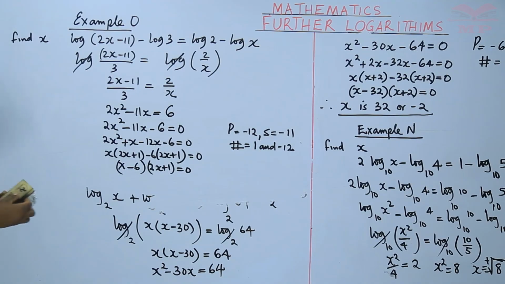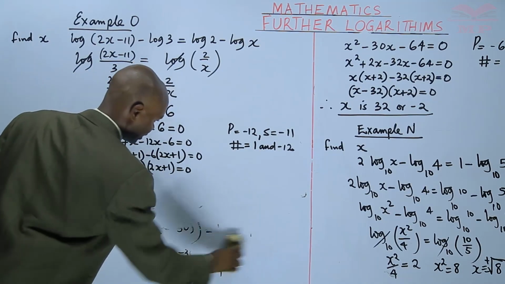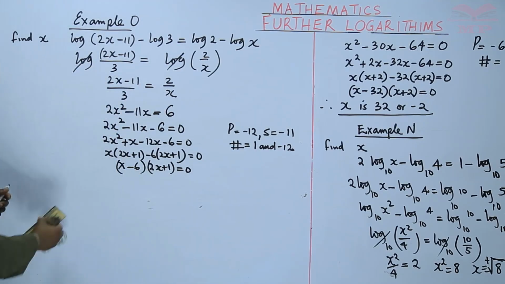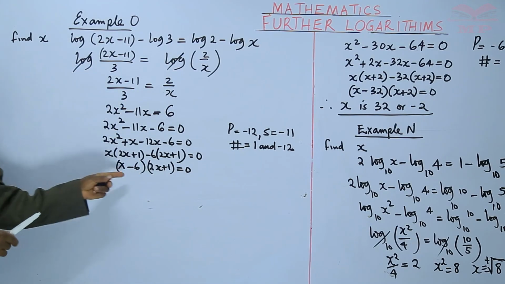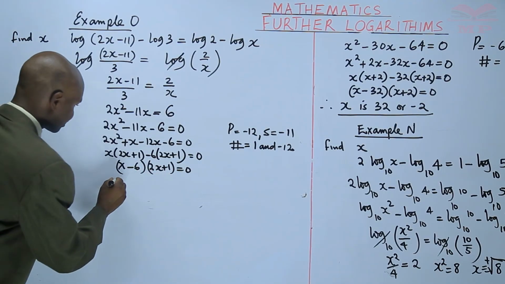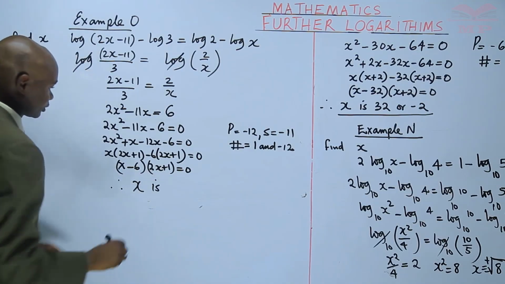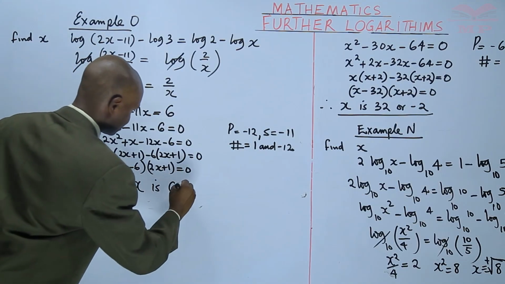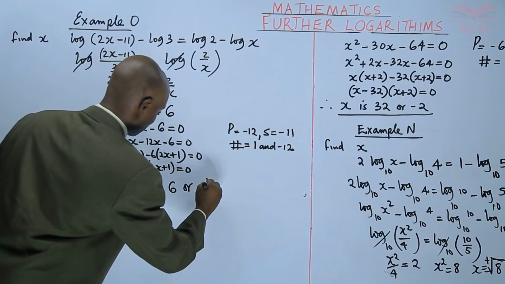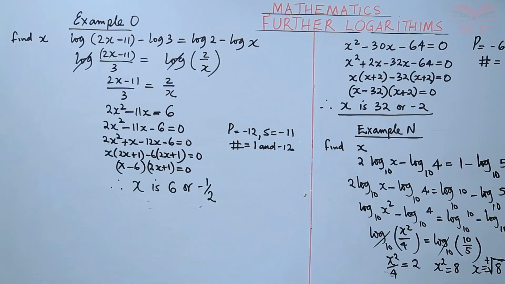If we work that out, either of them is 0. It means x minus 6 is 0 or 2x plus 1 is 0. Therefore, x is 6 or minus 1 over 2. Those are those values.